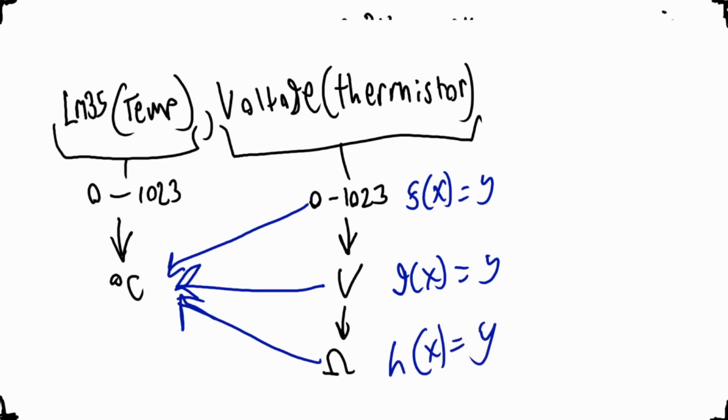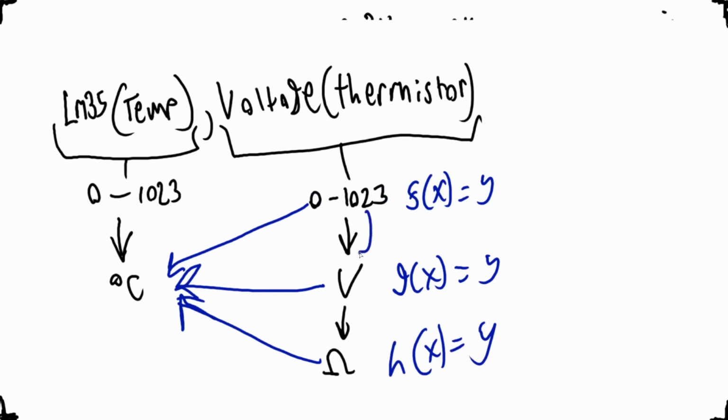Where the resistance, for instance, is going to have a different function which correlates to the temperature than the voltage would, which correlates to the temperature, than the number measured on the Arduino would, which correlates to temperature.